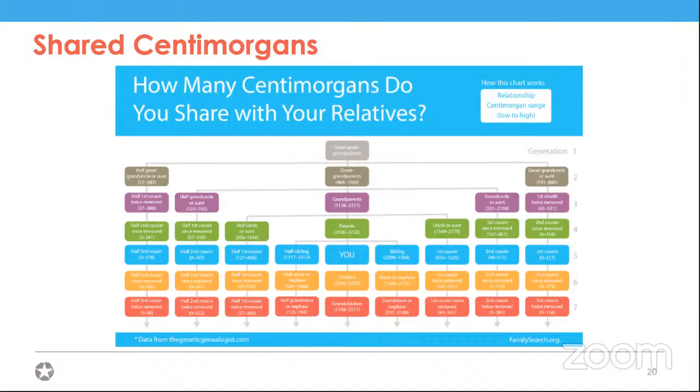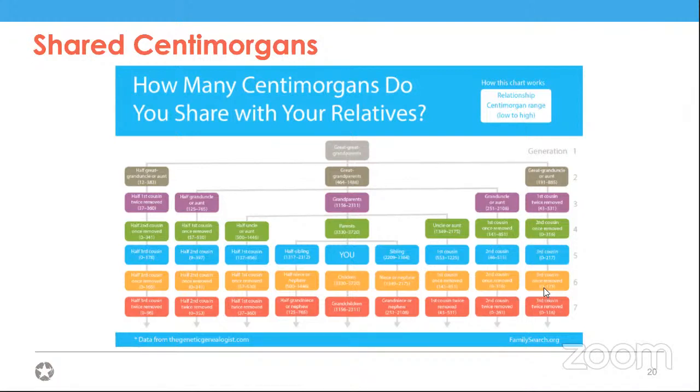While the amount of shared centimorgans helps determine the relationship between two people, it isn't always a clear label of relationship. For example, you could share 75 centimorgans with another person that you have a match with. However, that shared amount of DNA means that the person could be your second or third cousin, or possibly even a third cousin twice removed.